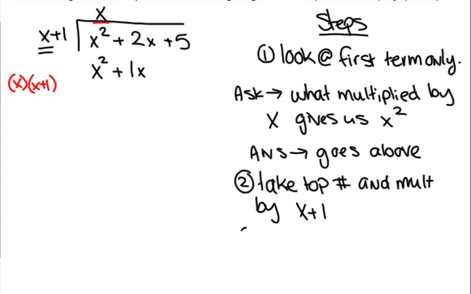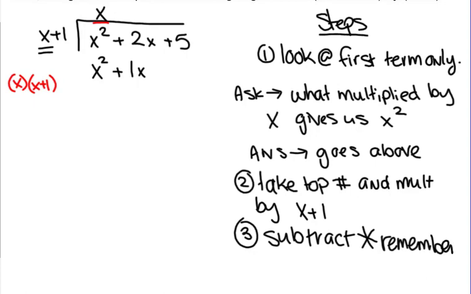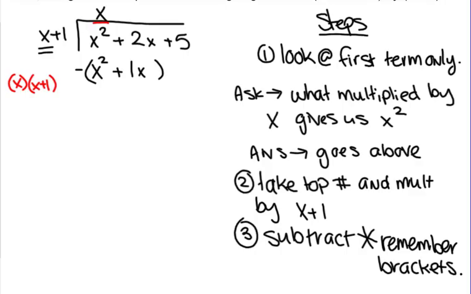Step 3 is we're going to subtract those two. But remember our brackets. So we're going to subtract that term. So what that means is x squared subtract x squared. Okay, cool.